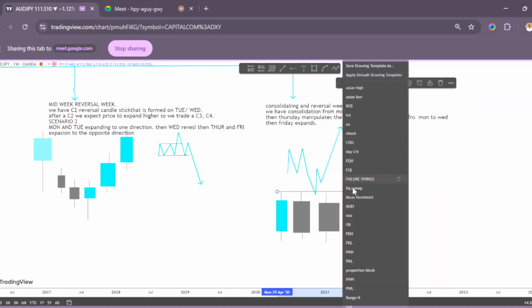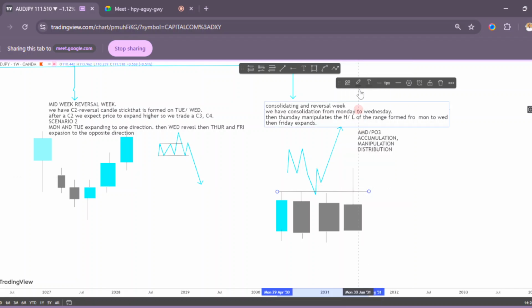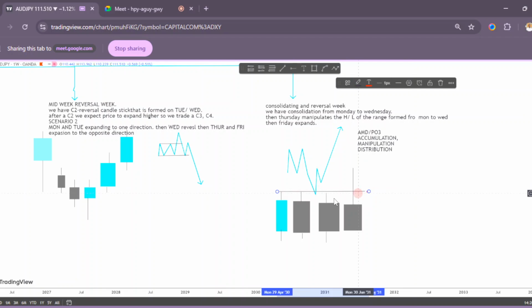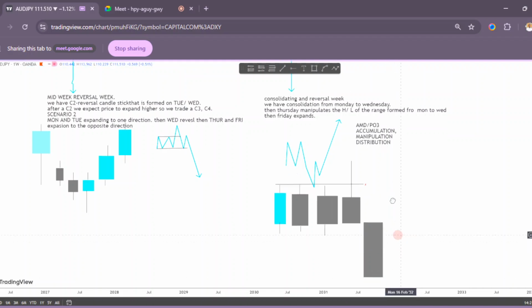Because in a consolidating market, we create liquidity on both sides, this side and this side. So Thursday manipulated the high, and we now expect Friday price to continue lower, to expand lower.